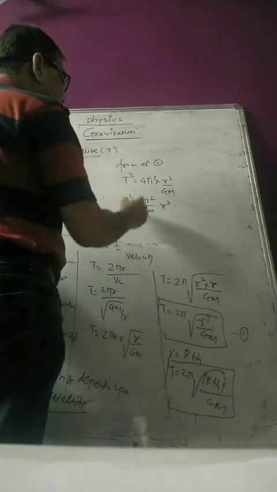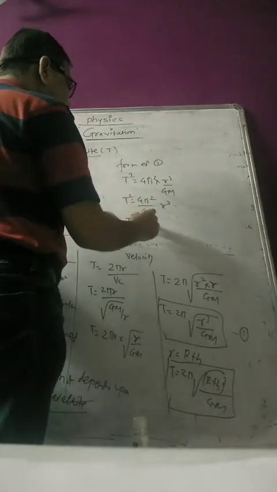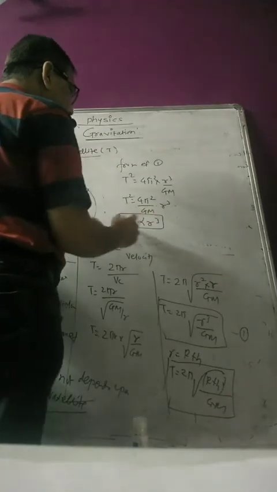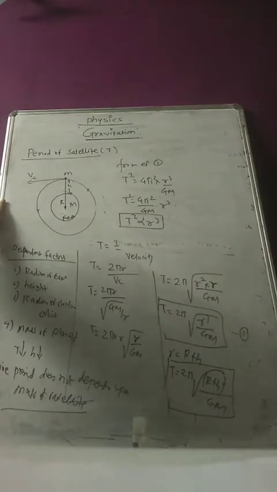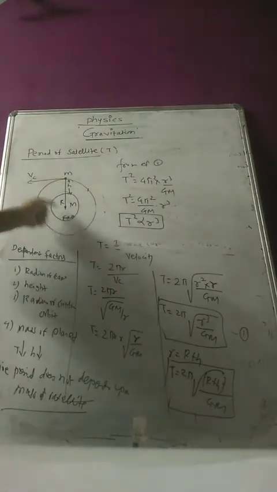मग आता हा जो 4π²/GM कॉन्स्टंट आहे, म्हणजे T² is directly proportional to R³. मग आता T² काय होता रे, square of time period of satellite is directly proportional to cube of its radius of the orbit.